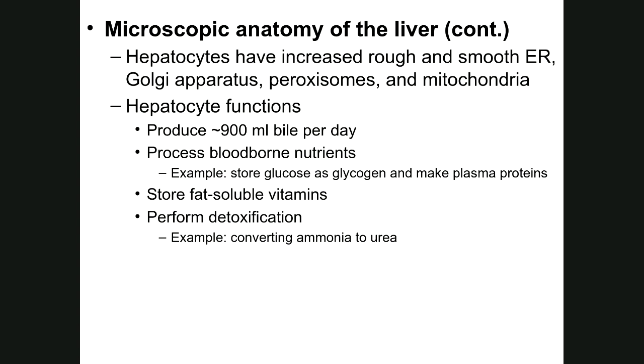We have those stellate macrophages that also help remove debris and all the red blood cells, but also the liver performs detoxification. It can convert ammonia into urea.